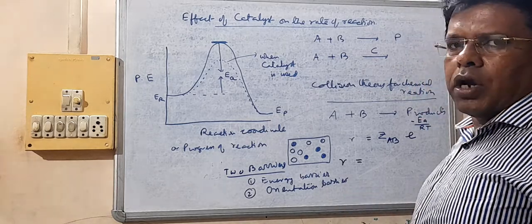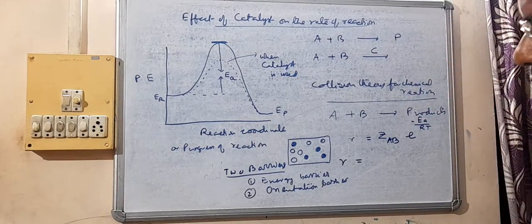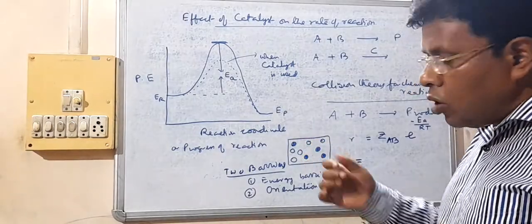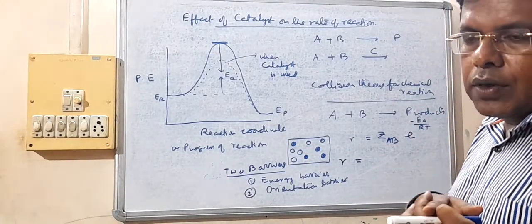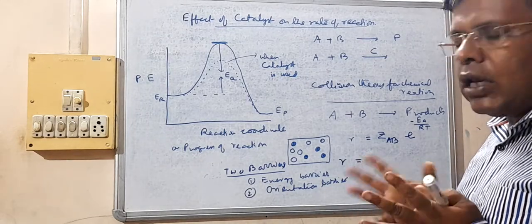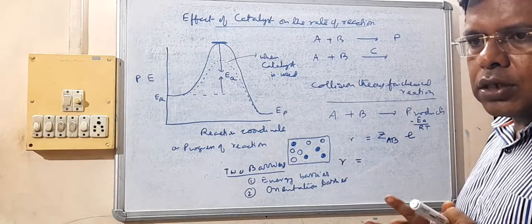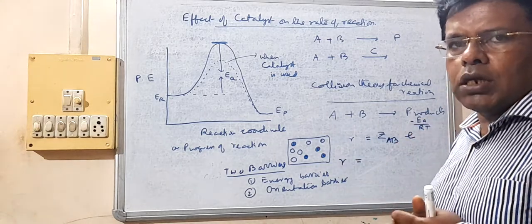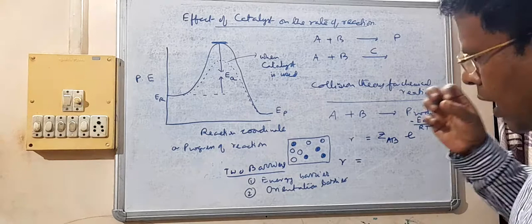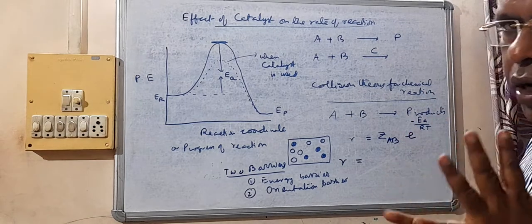What is orientation barrier? It means the reactant molecules must also collide in a certain orientation. Just collision will not result into chemical reaction, even if they have energy equal to EA or more than EA. They have to collide in a certain orientation.